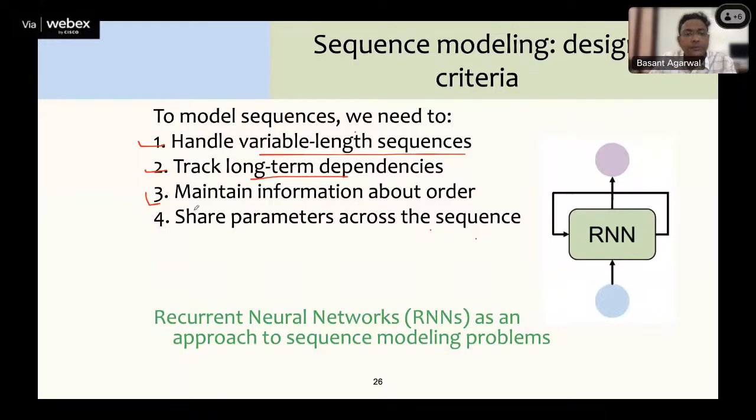And third is to maintain the information about the order, because the sequence is very important. That will take care that all the inputs in a sequential manner are processed in the same sequence. And the fourth one is sharing parameters across the sequences, which we'll talk about in detail, including why sharing of parameters is important.